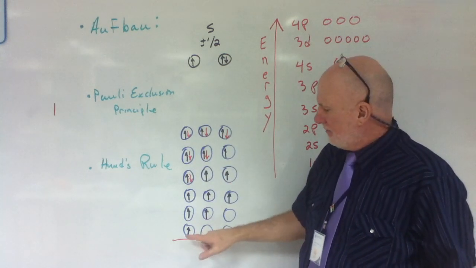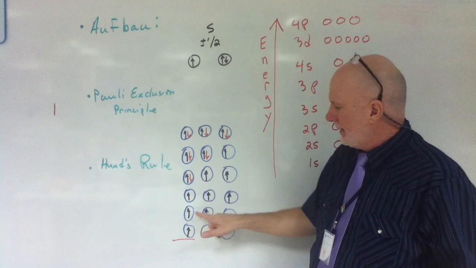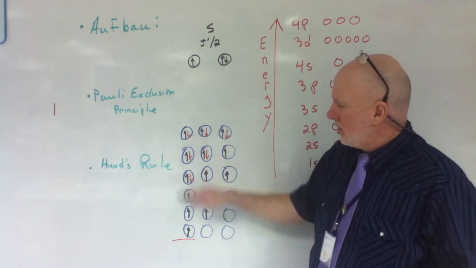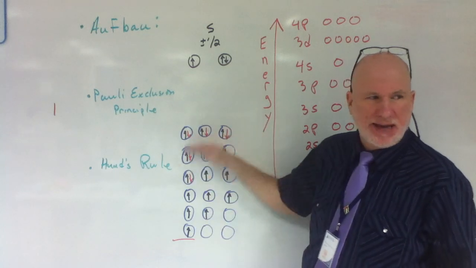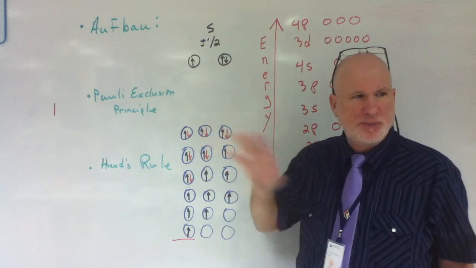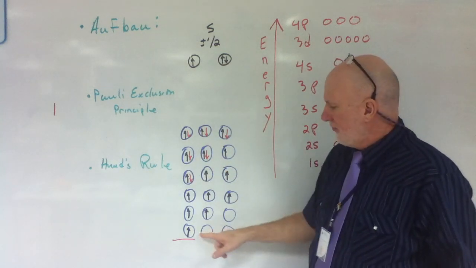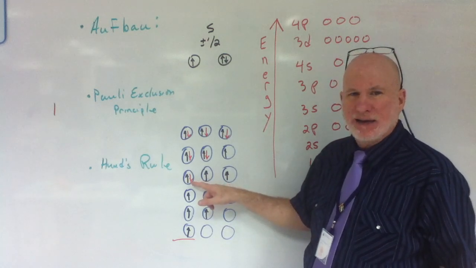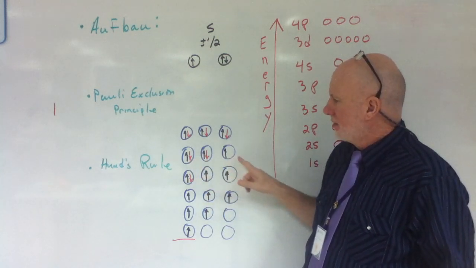I'm just saying what this looks like after each successive electron is put in, right? These are all the same energy level. Don't be confused with that. This is all P, 3P, 2P, whatever. It's just P. So it fills them halfway, and then it goes back and fills them completely.